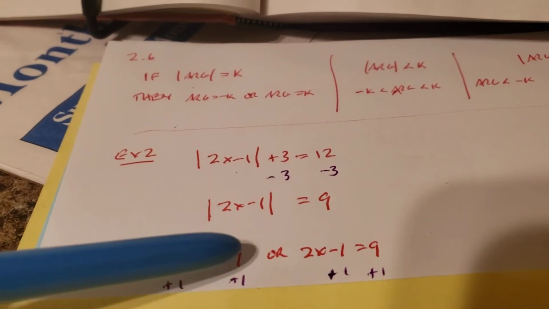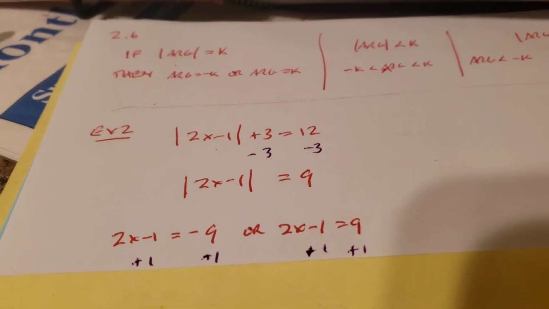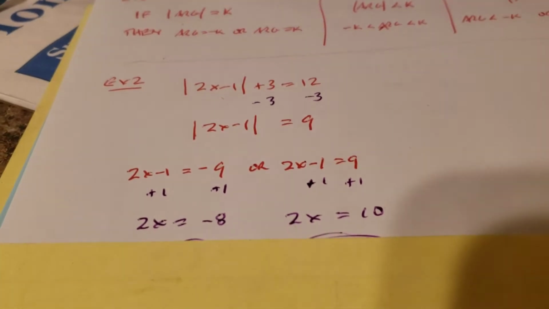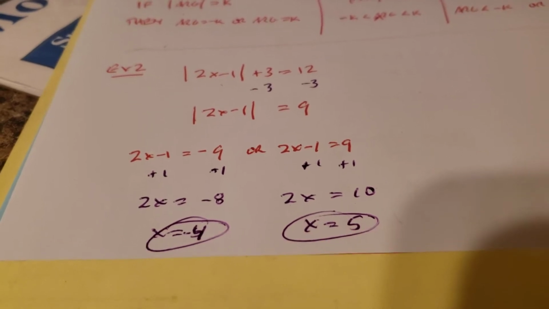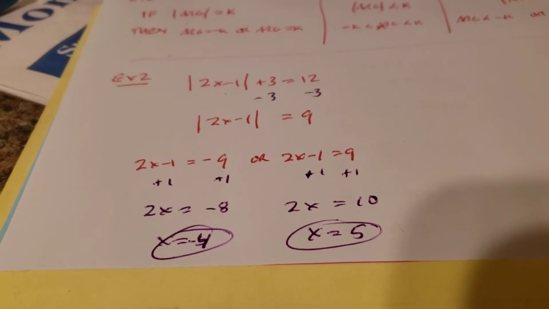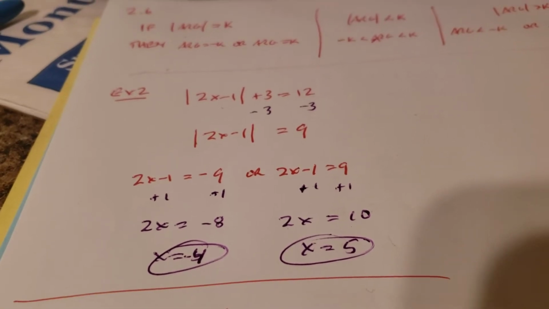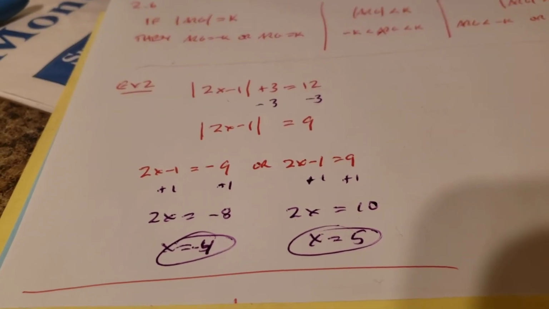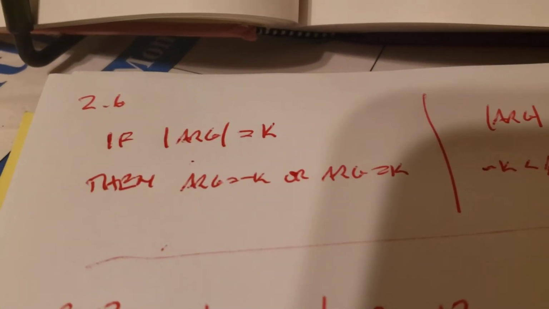So I set the argument equal to minus 9. I set the argument equal to positive 9. And I proceed to solve for the argument. Just solve for x. And we get x equals negative 4 and x equals 5. So that was example 2 where we were applying this rule here.